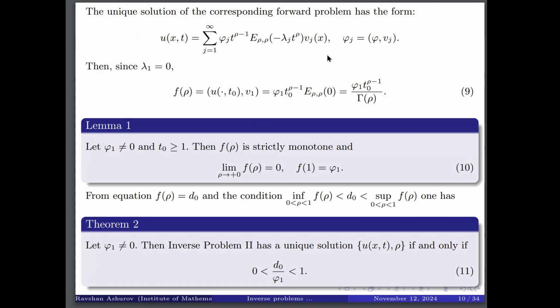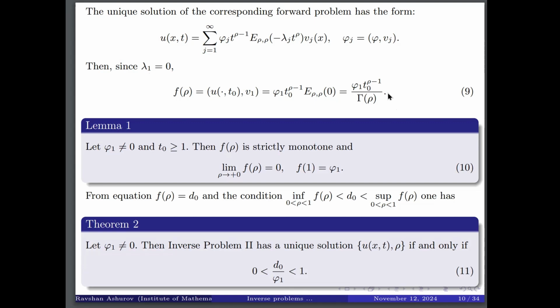To do this, we multiply this sum by the first eigenfunction. The eigenfunction is orthogonal to all other eigenfunctions, so in this sum you have only one term, the first term. And since lambda 1 is 0, you have the following. This is a very simple, nice function.